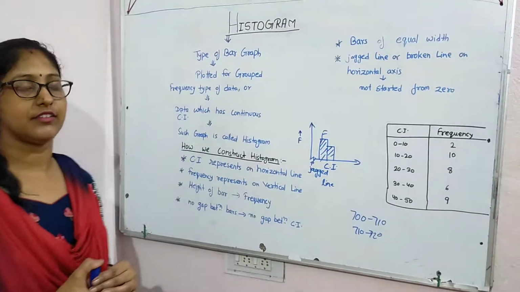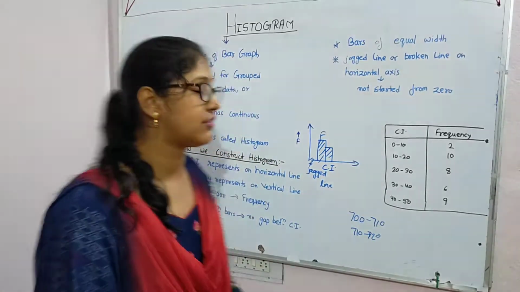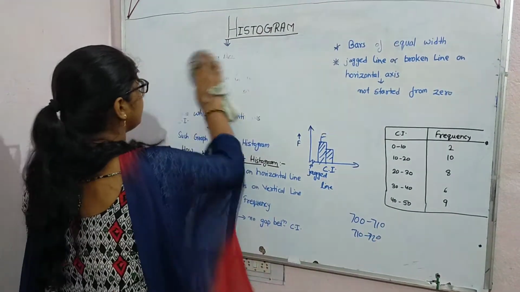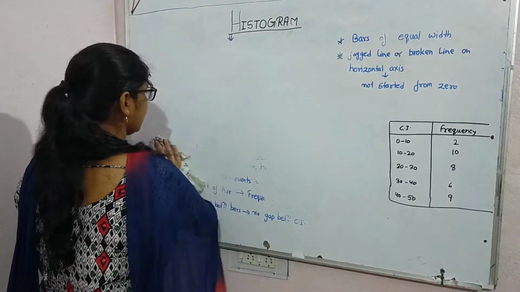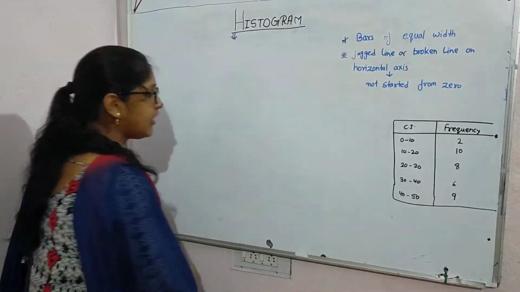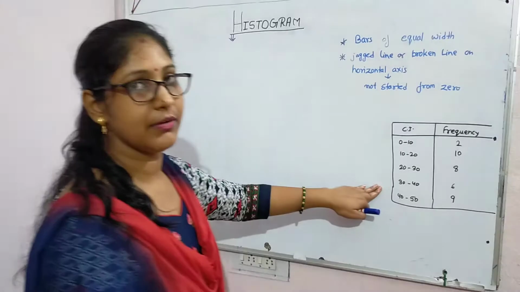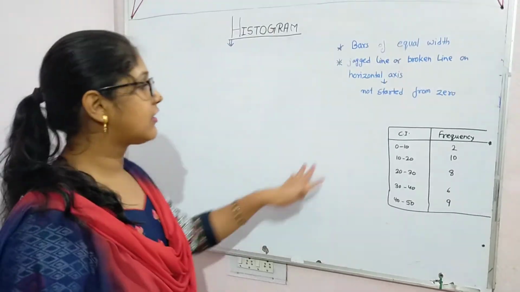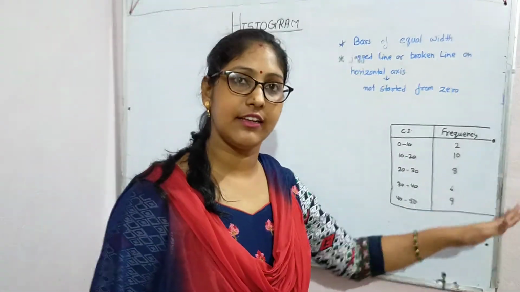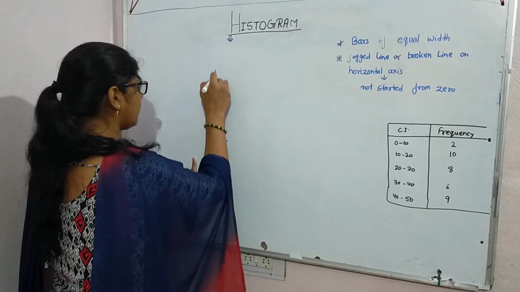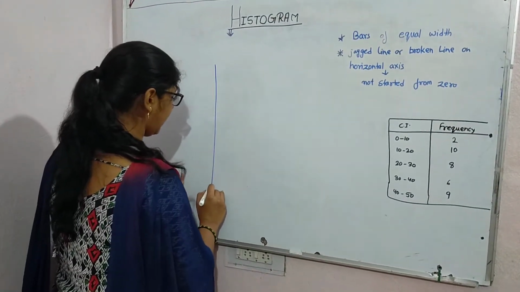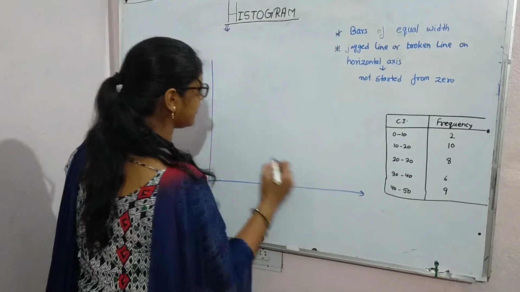Now with the help of an example, we learn how we construct a histogram. I have already taken an example to make a histogram. Here class interval and frequency are given. First we have to draw a vertical line and one horizontal line.